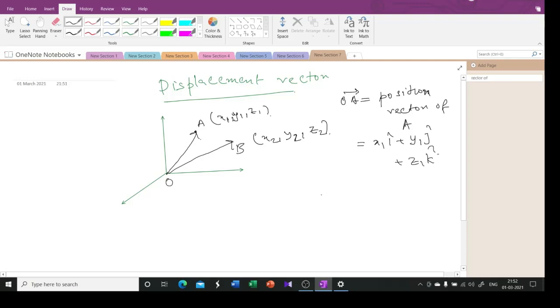And what is OB? It's the position vector of B, which is simply x2 i cap plus y2 j cap plus z2 k cap. So now, what is the AB vector?